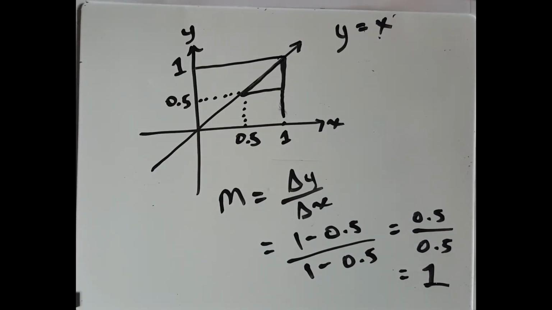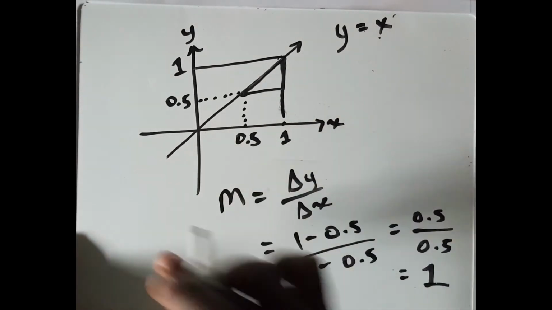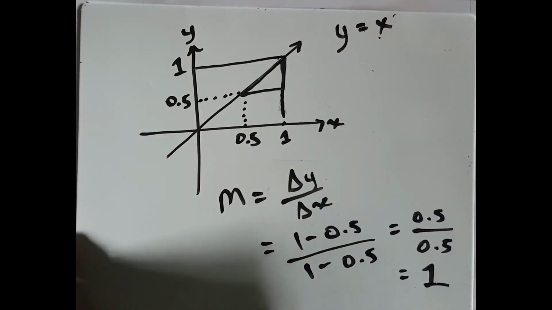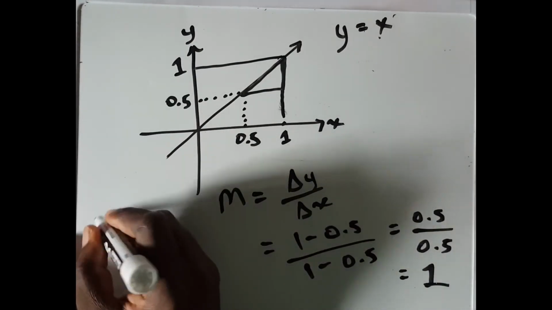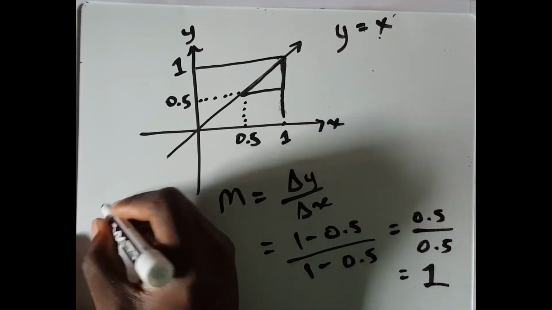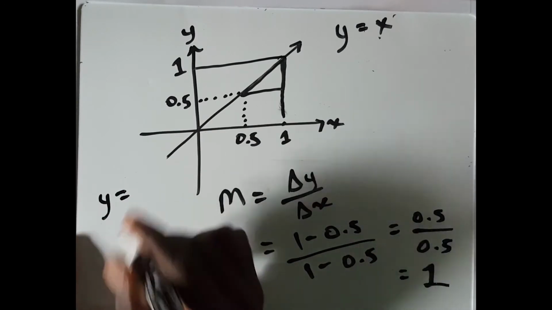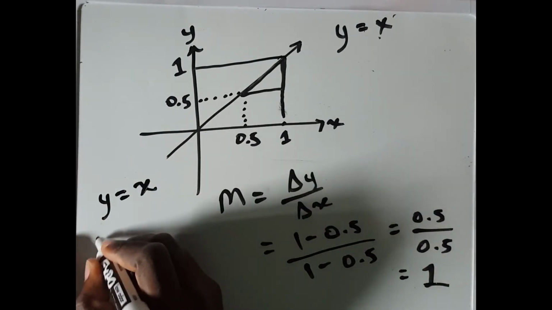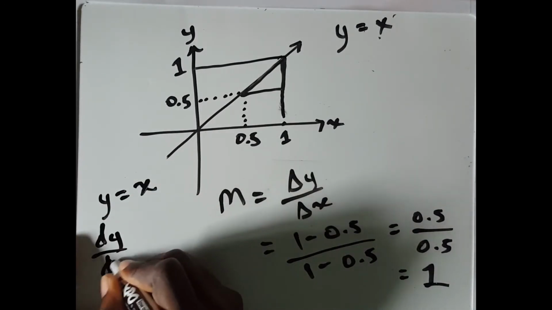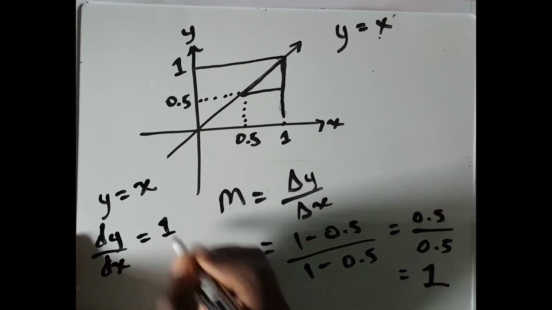I'm just saying that to let you know, I noticed I never said it earlier. So if my function is y, and y is equal to x, then dy/dx, my answer would be 1.